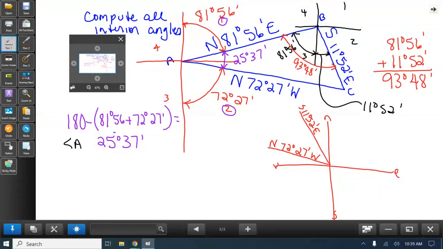All right. South 11 degrees 52 minutes east.